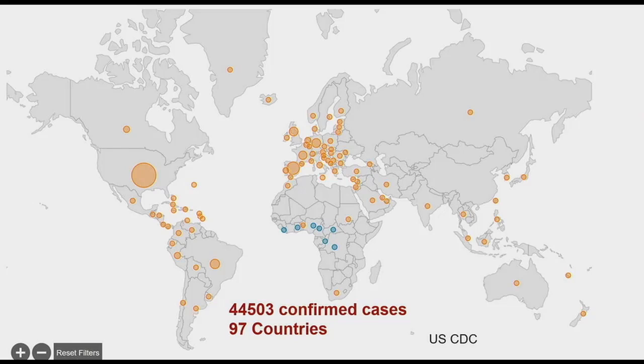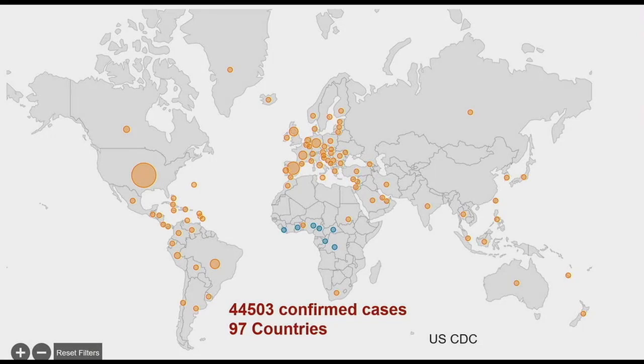And this is the data from the US CDC. They mapped out the major outbreak areas in the world. Currently there are 97 countries which have reported monkeypox cases.